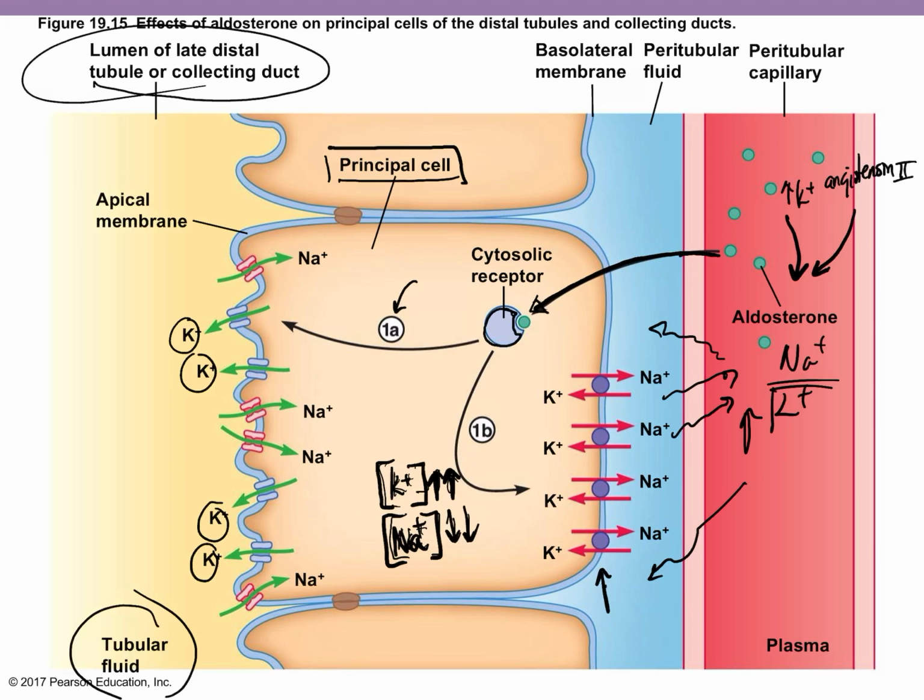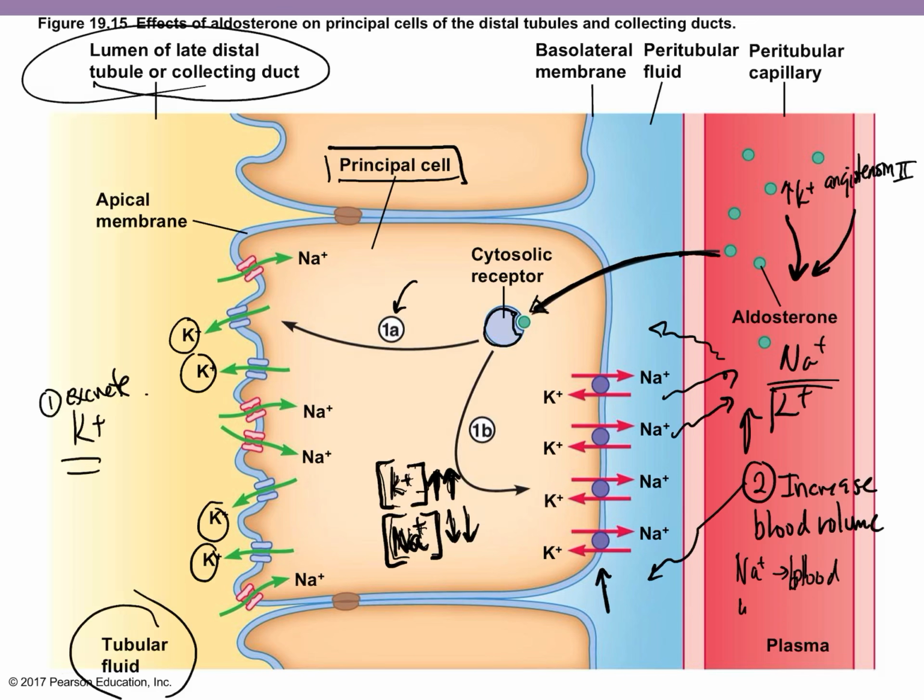One, it excretes excess potassium. The second effect aldosterone has is to increase our blood volume, indirectly. It's going to help more sodium move into the blood.